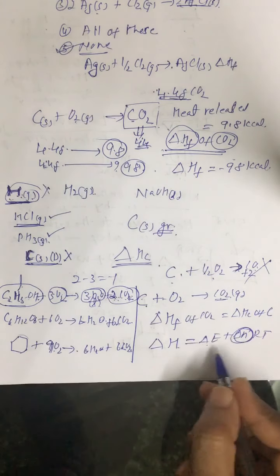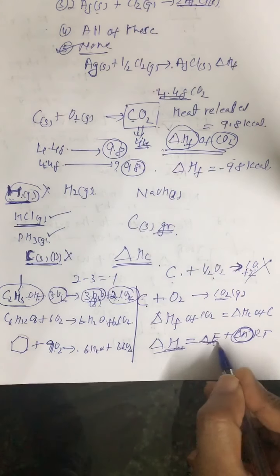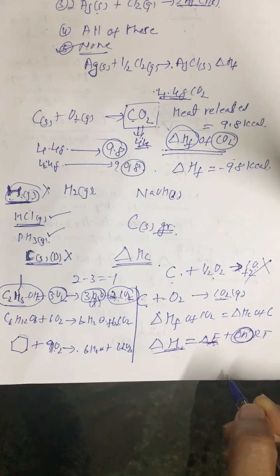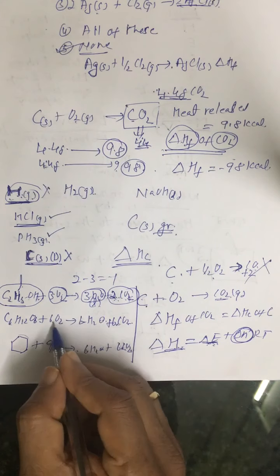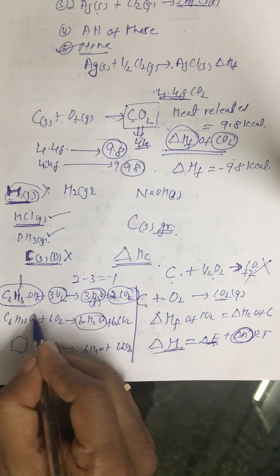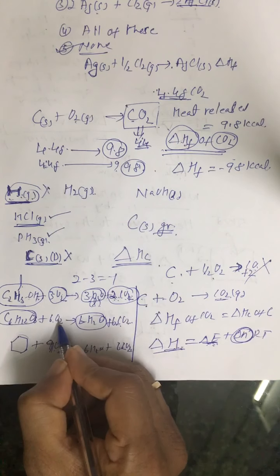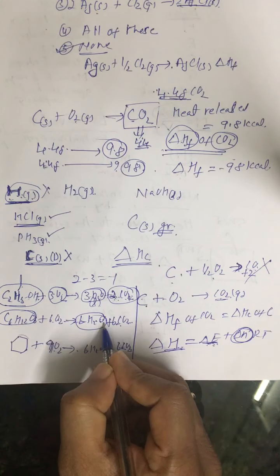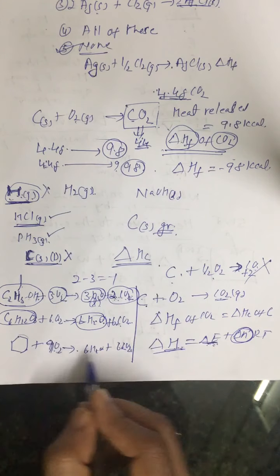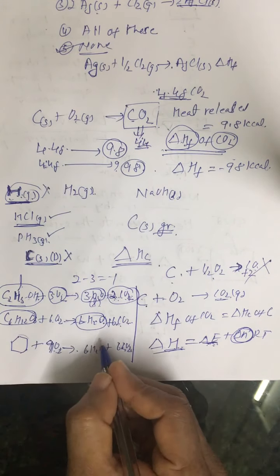So it is 2 minus 3 equal to minus 1. In these questions, you will be given only one value, either delta H or delta E. The other one you have to calculate. In this case H2O is liquid, glucose is solid, so we have 6 minus 6 equal to 0. So if delta n is 0, that means delta H is equal to delta E. Here it is 6 minus 9, that is equal to minus 3.